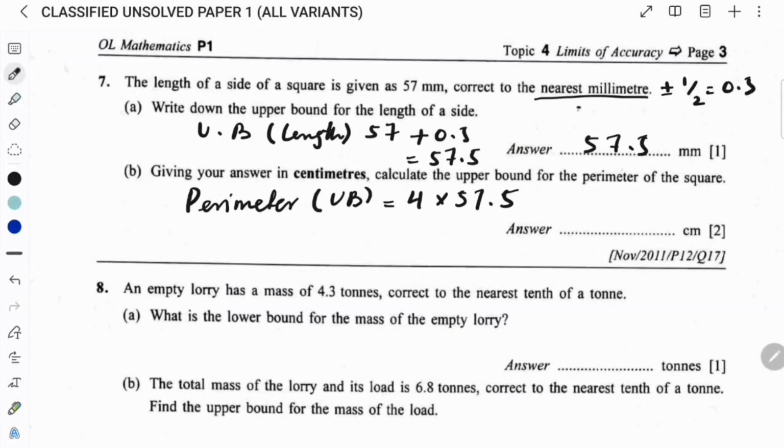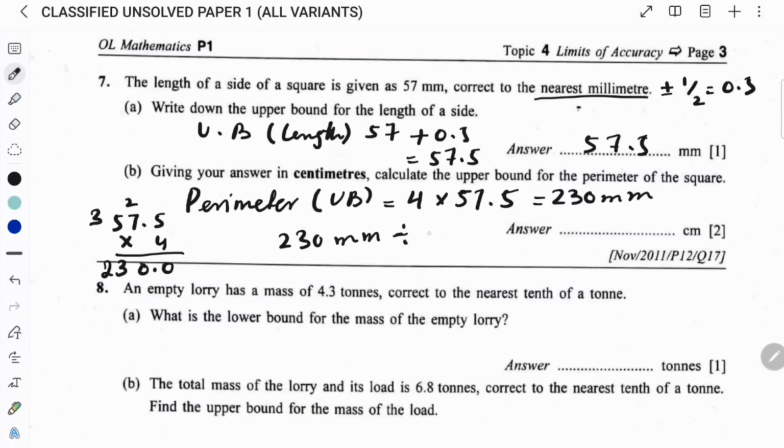Afterwards you change it into centimeters, as required in the question. 57.5 times 4 gives 230 millimeters, and dividing by 10 to change it into centimeters gives 23 centimeters.